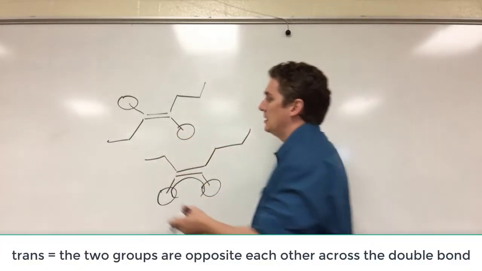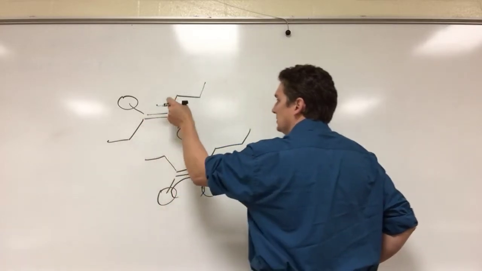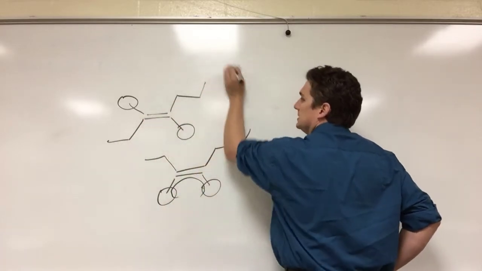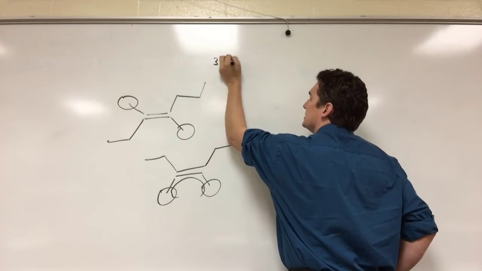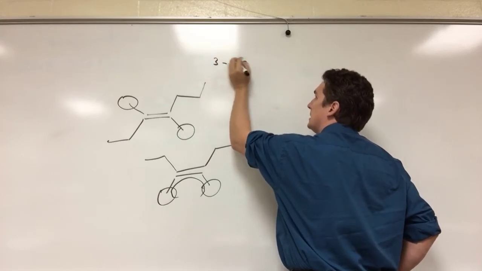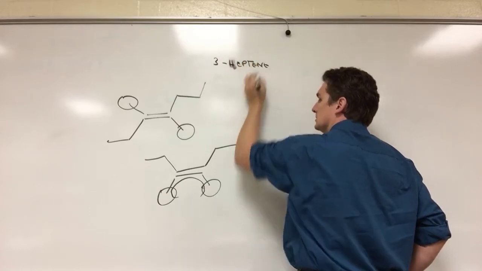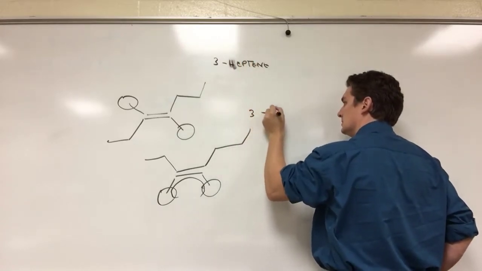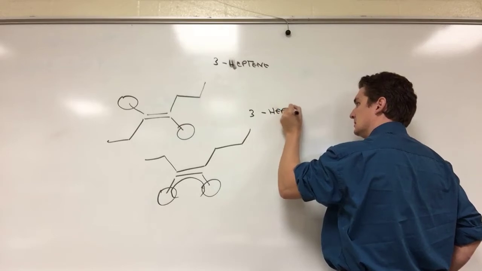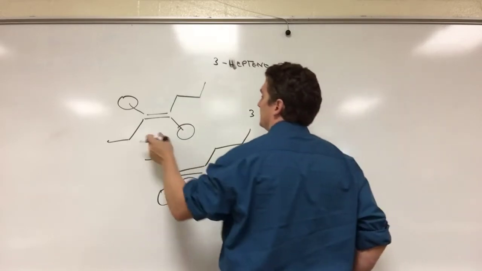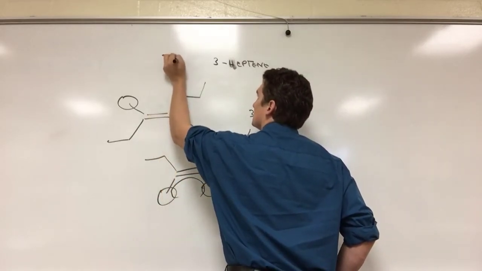So in this case, our parent compound, 1, 2, 3, 4, 5, 6, 7, is 3-heptene. We have 3,4-dimethyl.